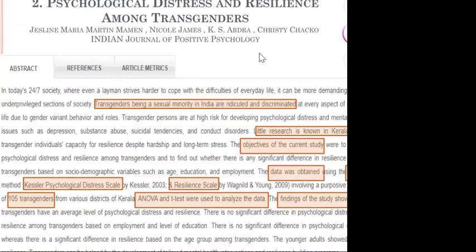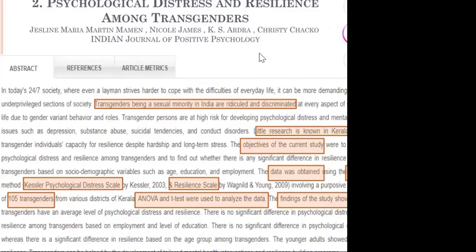This is another one that we have, again in psychology: distress and resilience among transgenders. They stated a problem. After stating the problem, they collected data.